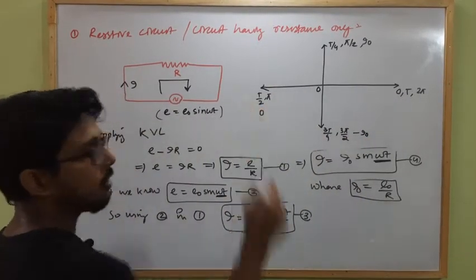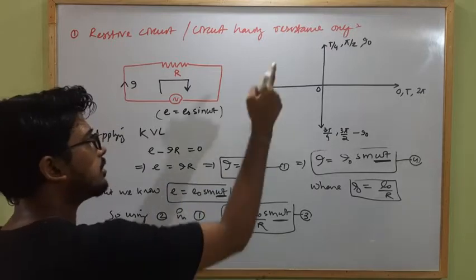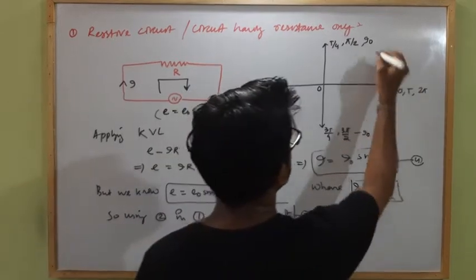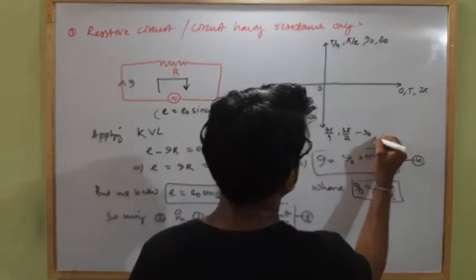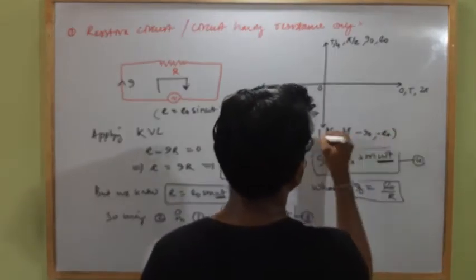Clear? Or for alternating EMF, if I am representing the EMF also in this figure, 0, this will be plus E naught, 0, this will be minus E naught. Clear?